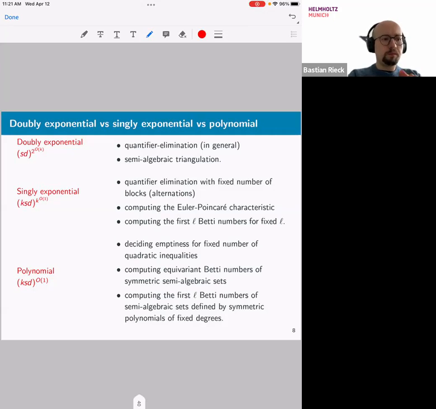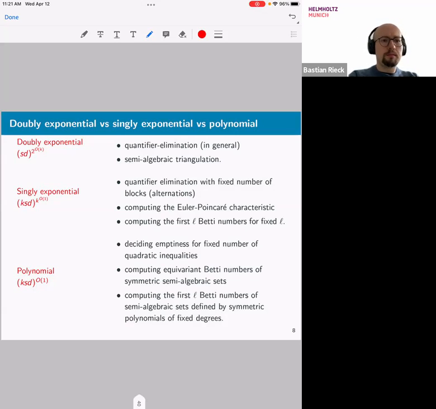Computing the equivariant Betti numbers of a symmetric semi-algebraic set defined by symmetric polynomials of degree bounded by some fixed constant is also of polynomial complexity. And the same goes for computing the first L Betti numbers of a semi-algebraic set defined by symmetric polynomials of fixed degrees.